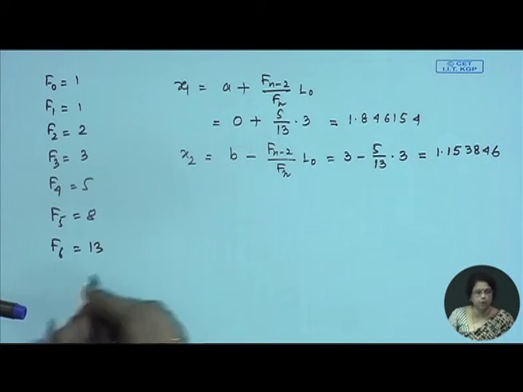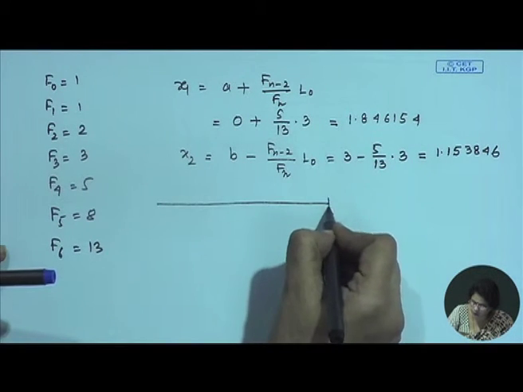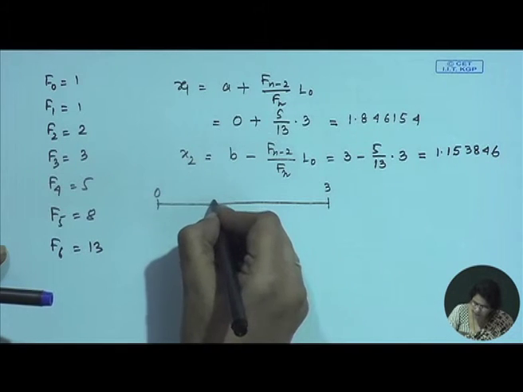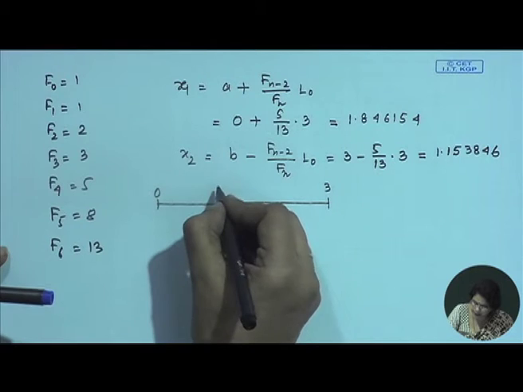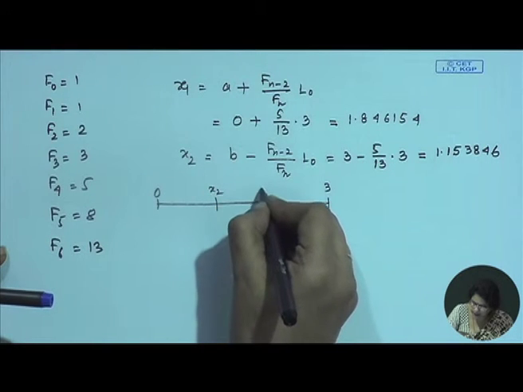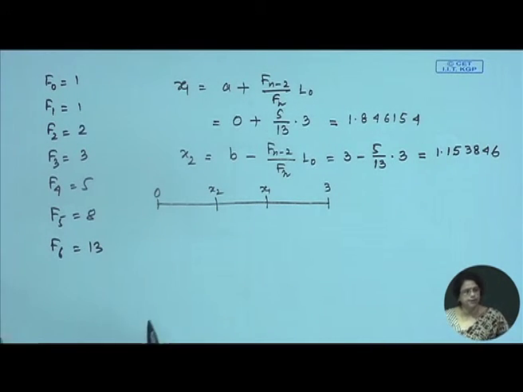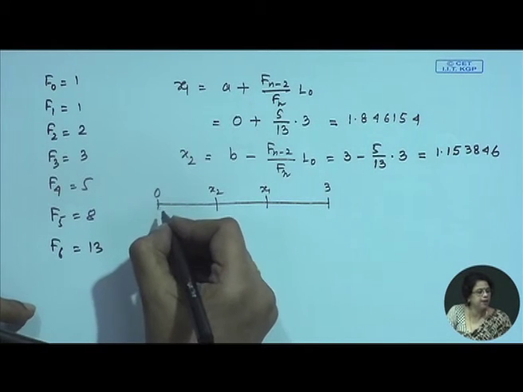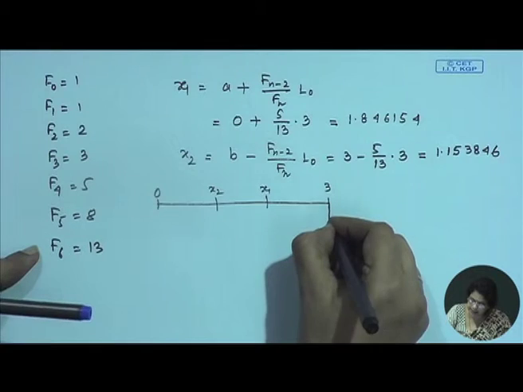I will get two approximations. Let us find out the values for 0, 3, x1, x2, this side x1. Alright, the functional value at 3 is coming as 7.